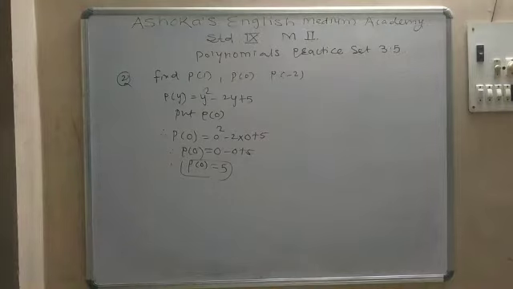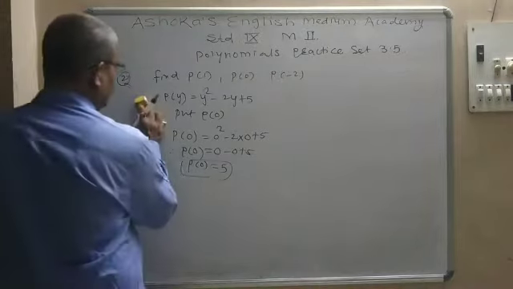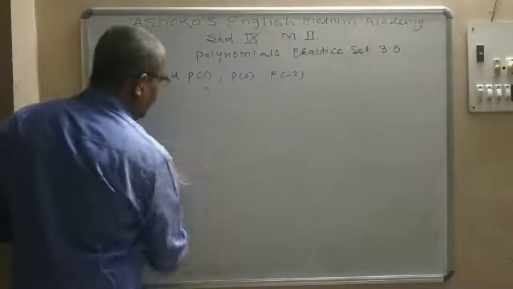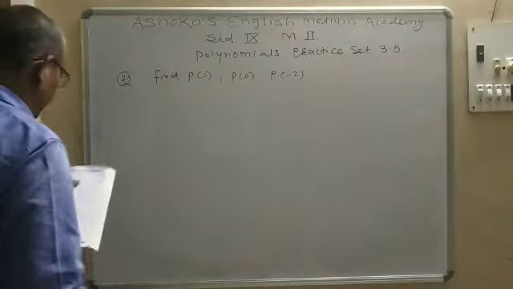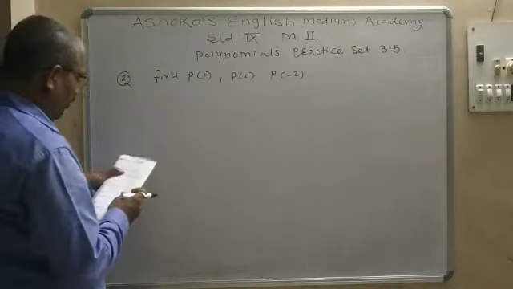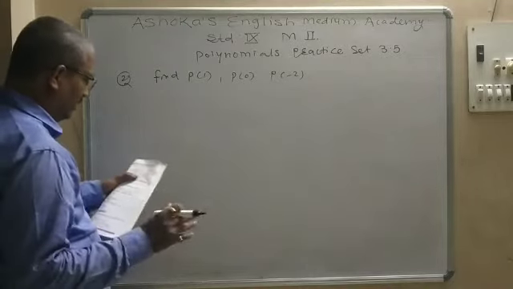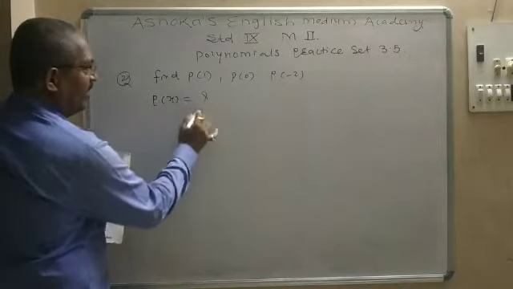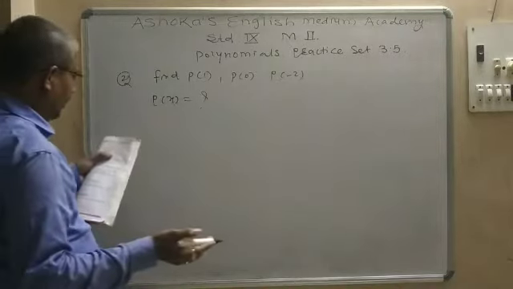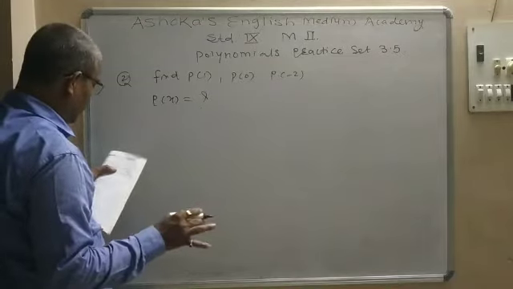We will use the value of p(-2) for polynomial number 3. For polynomial number 3, there is nothing given. Okay, p(x), and what is given we don't know. So what can you do? Yes, it is given.